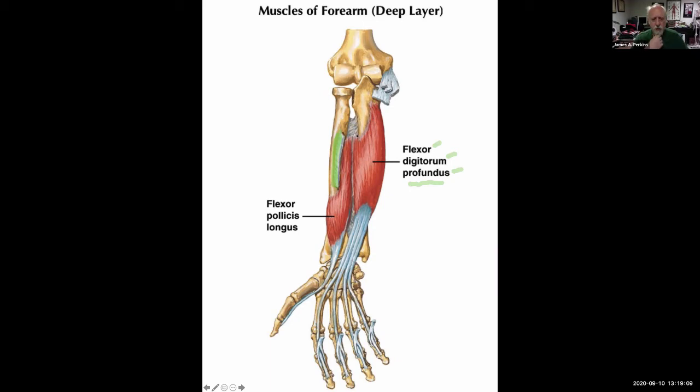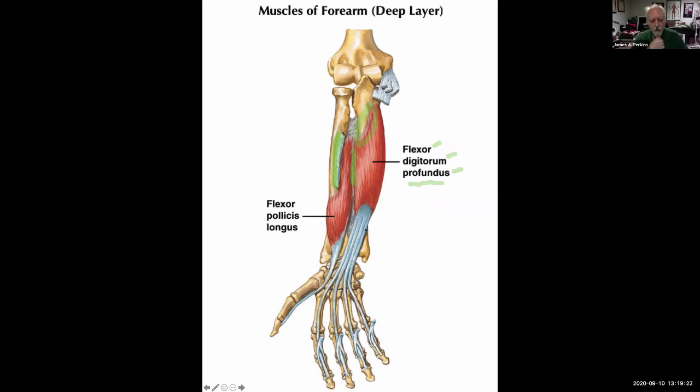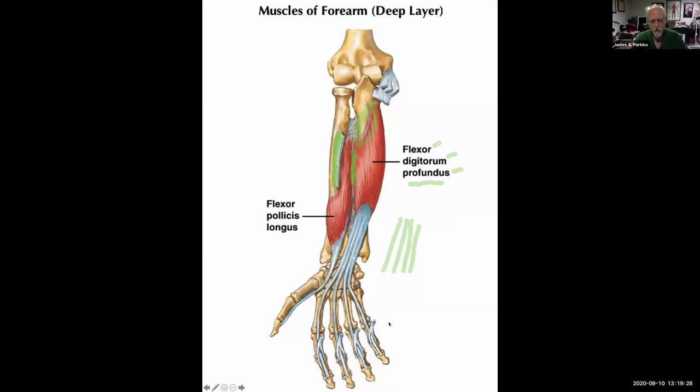This originates primarily from the ulna, and you can see that here. It may also have part of its origin from the interosseous membrane between the bones. If you follow it distally, you can see that it's also dividing into 4 tendons, but these 4 tendons lie side by side instead of stacked on top of one another. And in this particular picture, you can follow those tendons all the way out to their insertion. Here's one of those tendons coming all the way out.